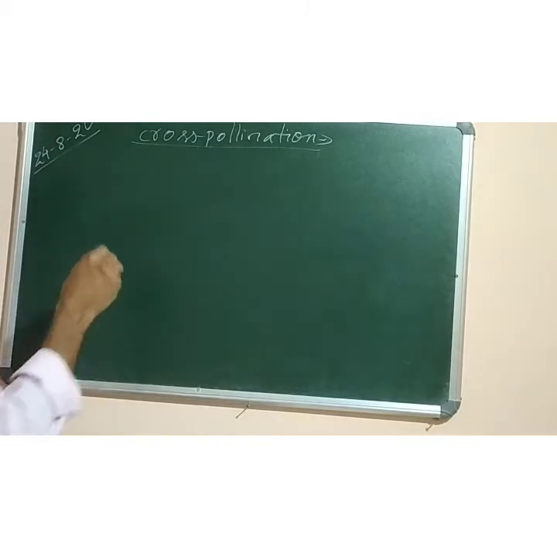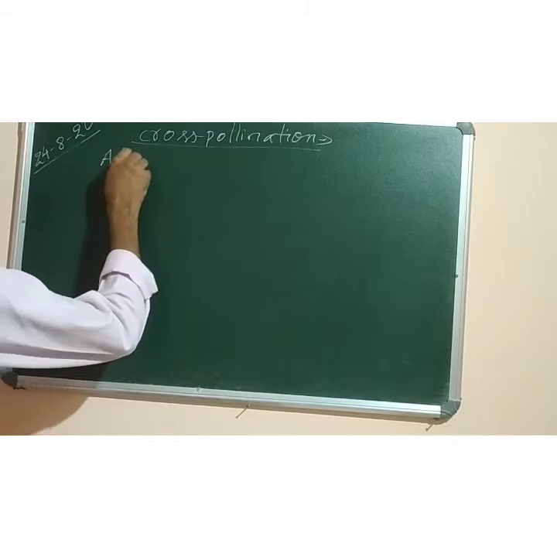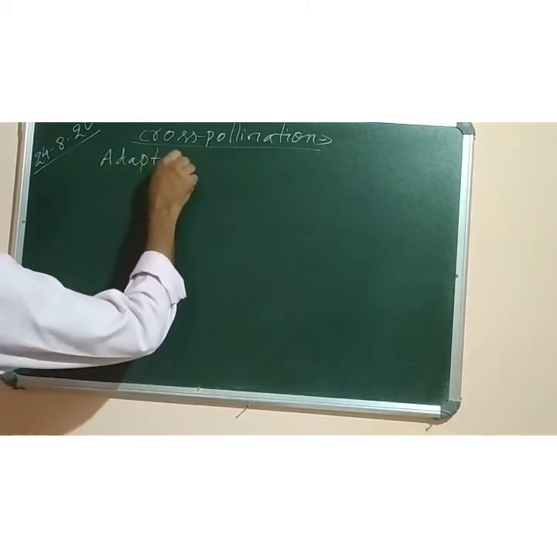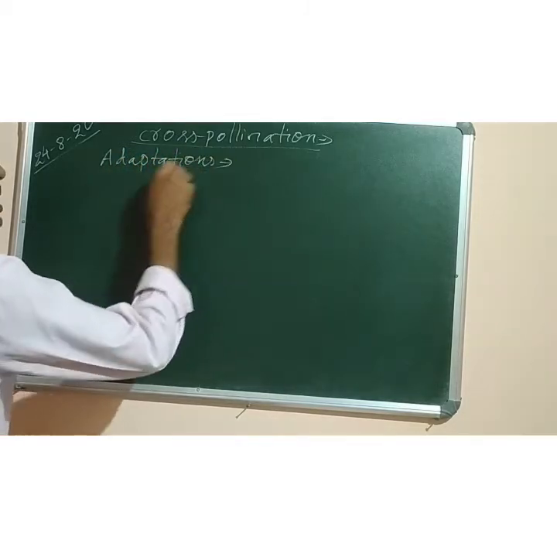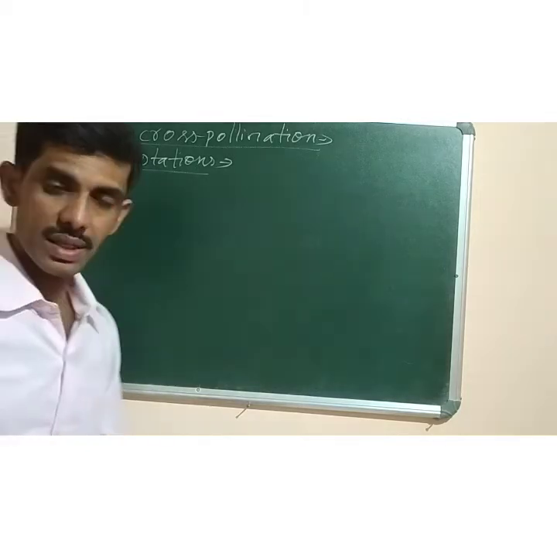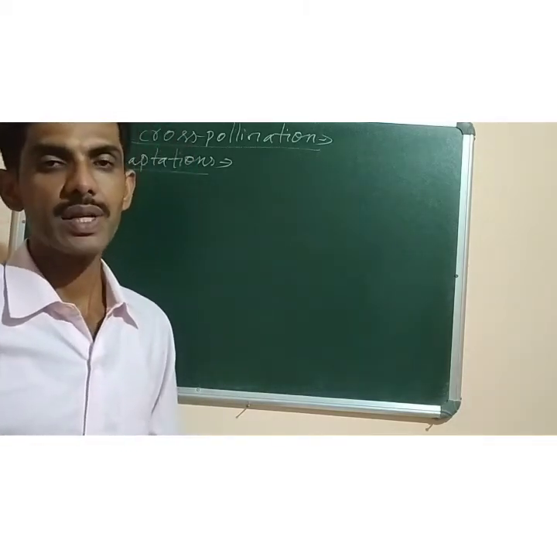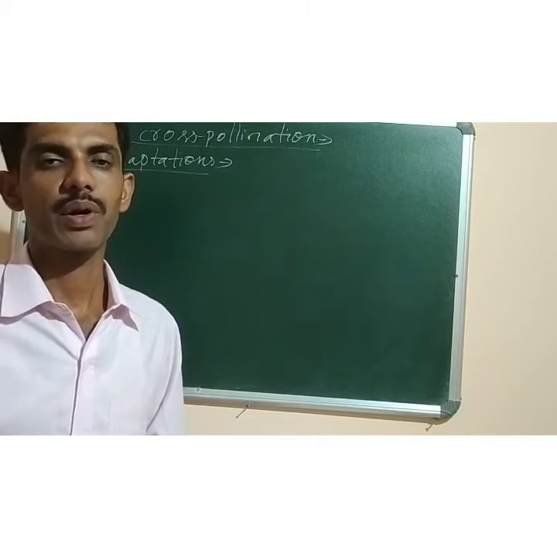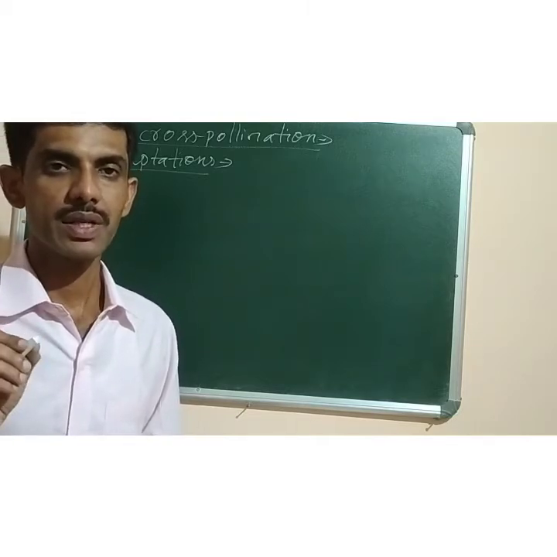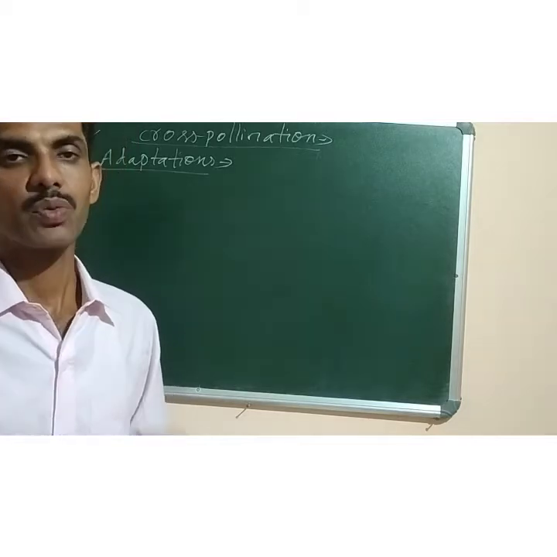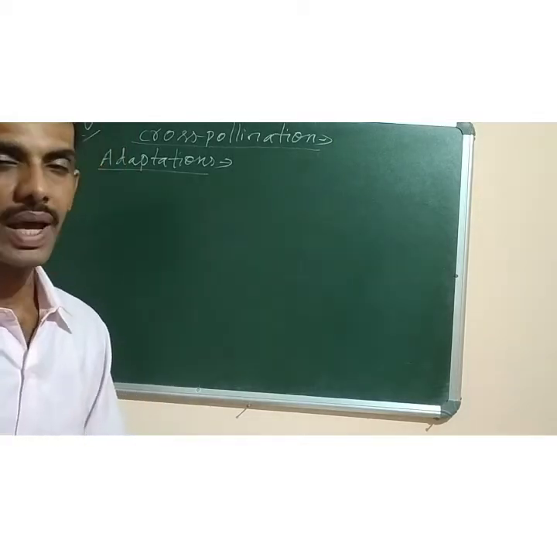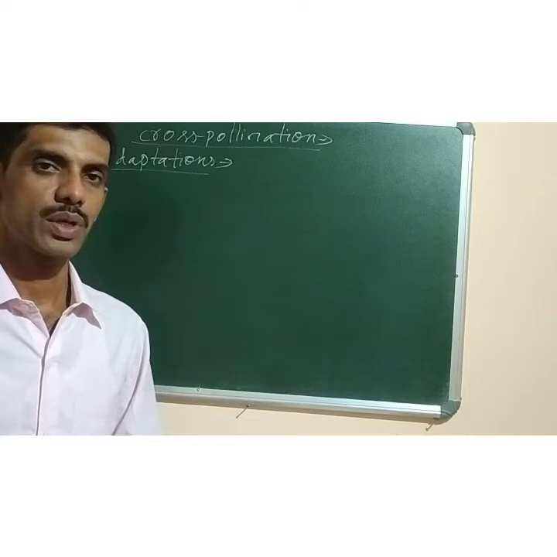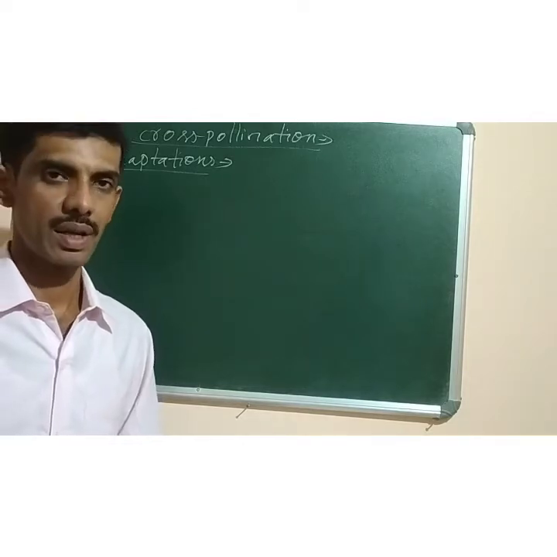Adaptations for cross-pollination are what makes the plants in nature. It is said that nature favors cross-pollination. That is also called contrivances for cross-pollination. Contrivances means what are the points which can prove that nature helps in the process of cross-pollination, not in self-pollination.